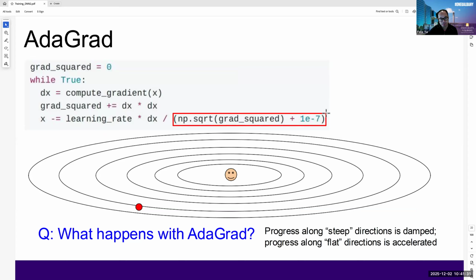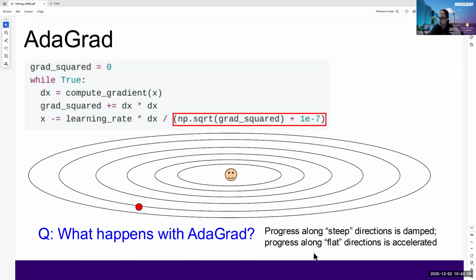Obviously it will blow up. So for AdaGrad, in the very steep directions, I'm going to make my learning rate smaller. But in the flat directions, it will be accelerated, because in the flat directions my gradient is always very small, and I intentionally amplify it.